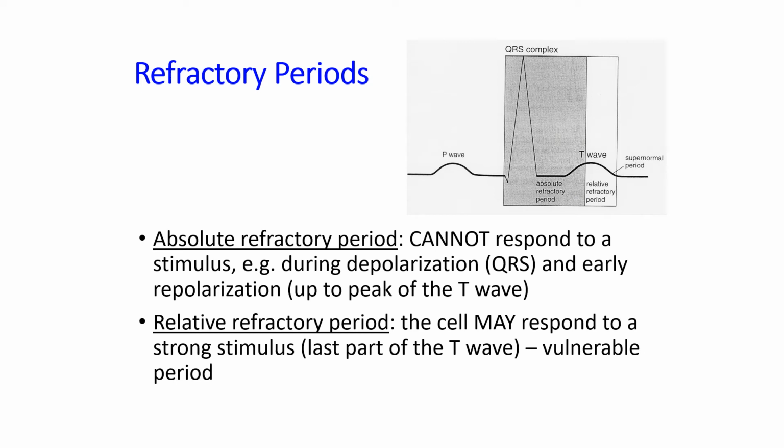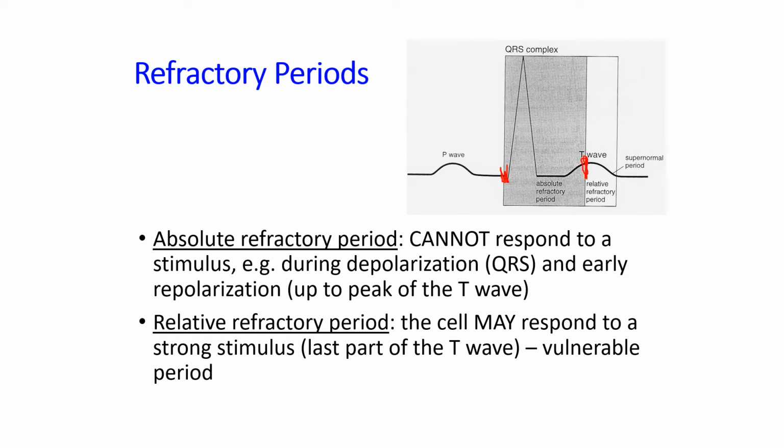We just want to go back to that refractory period when we talk about why we're measuring the QT intervals. So the absolute refractory period starts at the beginning of the QRS, or the beginning of the ventricular depolarization, meaning that no matter how strong a stimulus, the heart cannot respond by causing a depolarization. And it winds up at about the middle of the T wave.